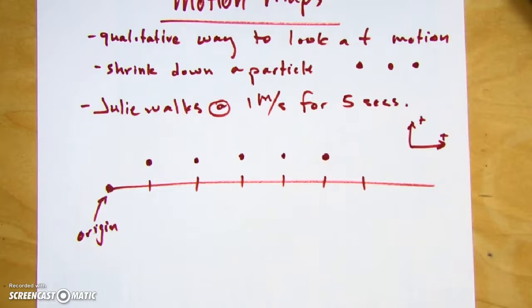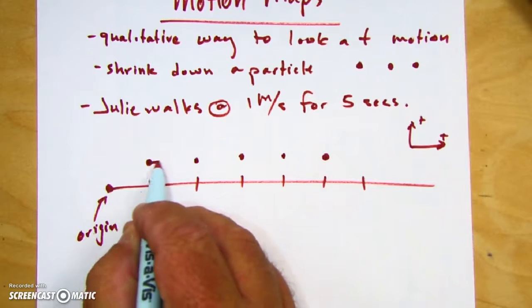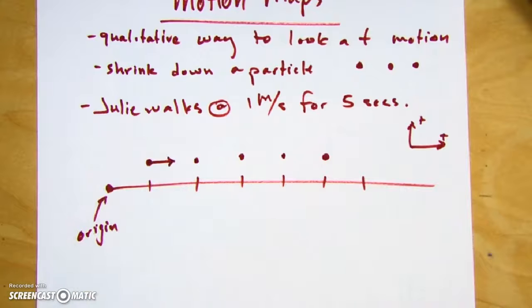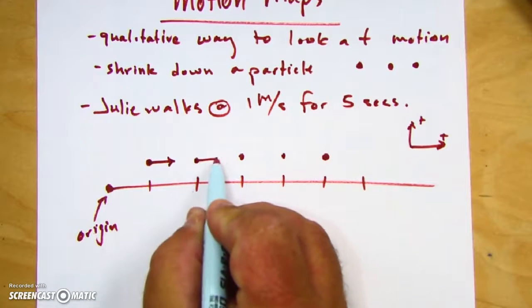The next thing I want to do is draw a little arrow on there to show which way she's moving. I always draw the arrows shorter than the distance between the dots. Generally, we'll use about halfway between, but we'll vary it based on length. That's going to represent her speed.